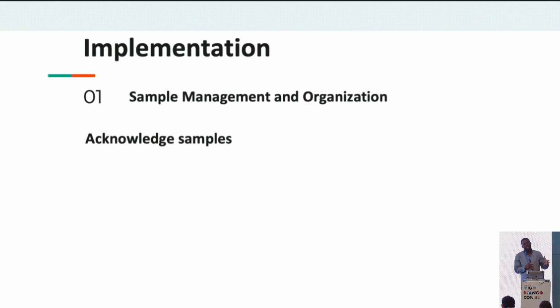Then we have to verify that we have the correct information. Once we scan the sample, we send a post request to the server that stores all this information for you, and we also create a CSV file. Let me show you a simple code that we use for acknowledging samples.